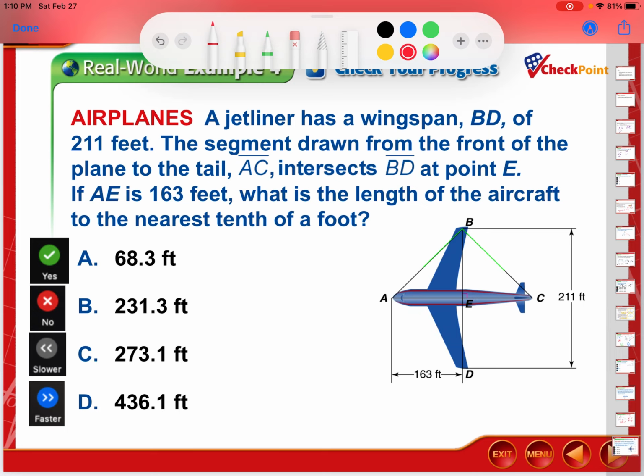The segment drawn from the front of the plane to the tail intersects BD at point E. AE is 163 feet. What is the length of the aircraft? Delightful. Okay. 231.